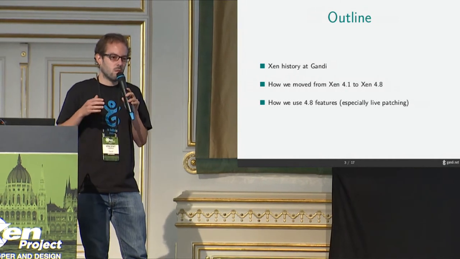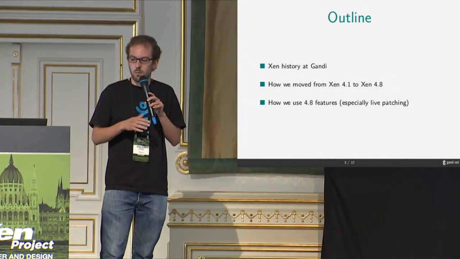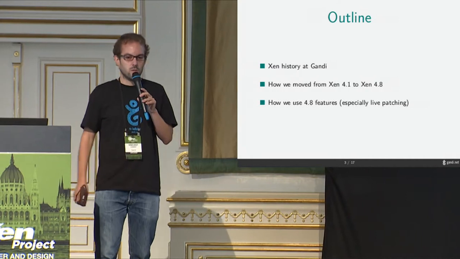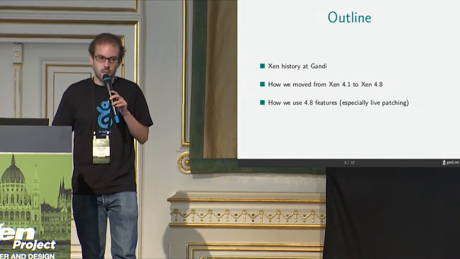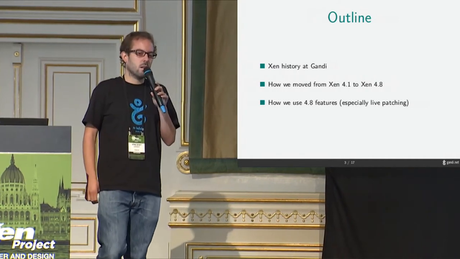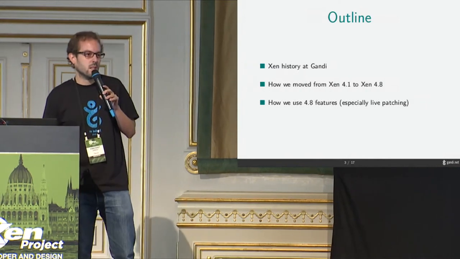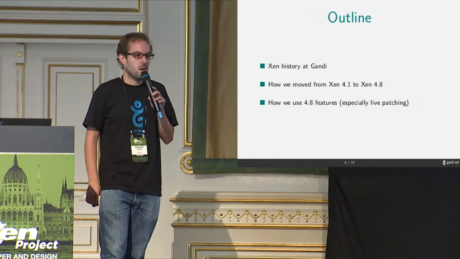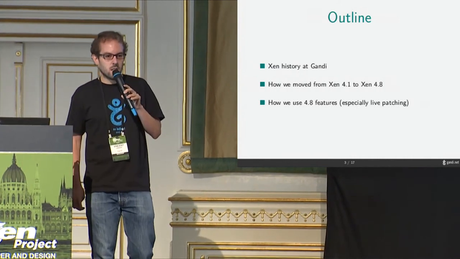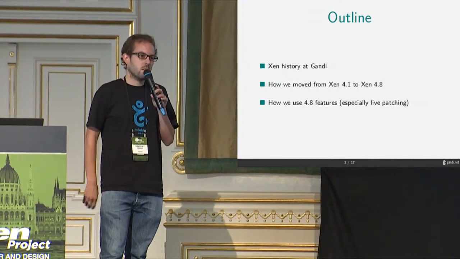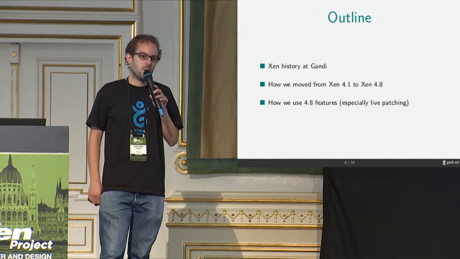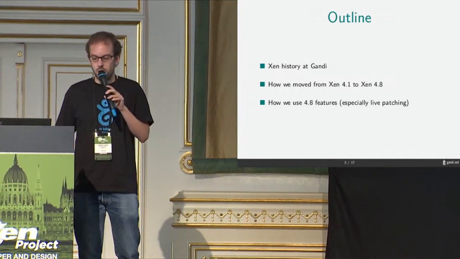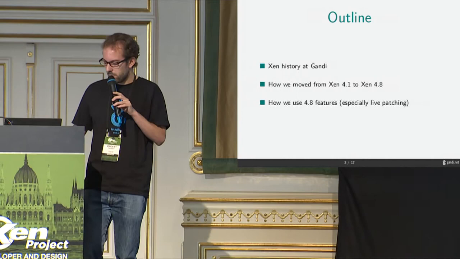What were the good sides of the upgrade, what were the few issues that we had. And finally, I'm going to talk about the features of Xen 4.8 that we use, especially live patching, but also live migration that was available in Xen 4.1, but that we hadn't used that much before migrating to Xen 4.8.